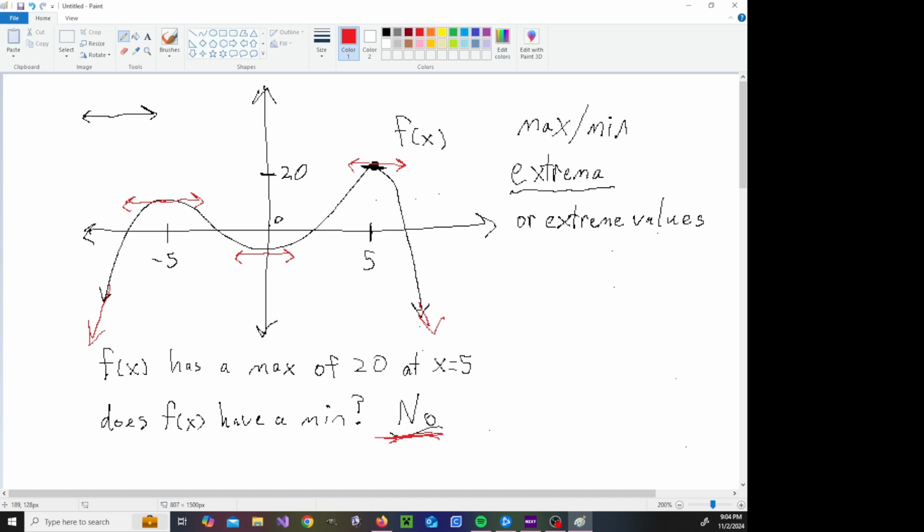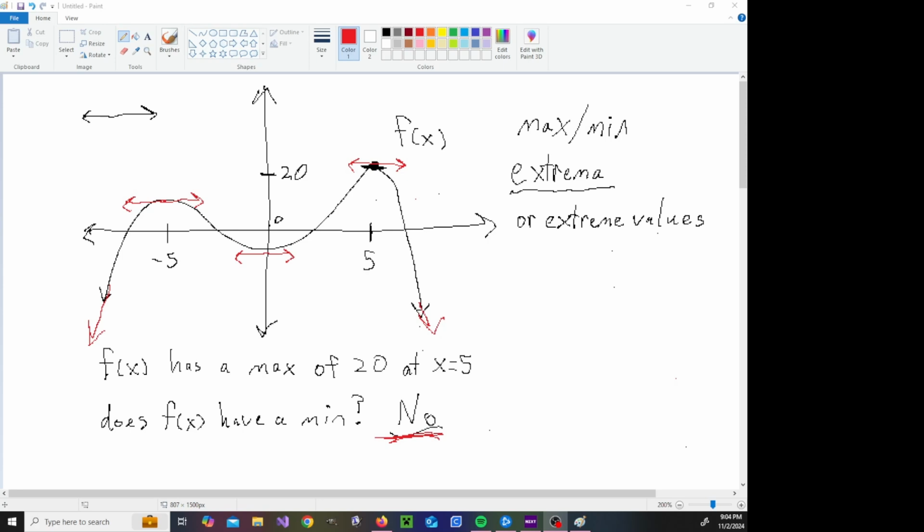Well, I noticed something. If my function has this maximum value, then that kind of demands that I have a flat horizontal tangent line, or at least that my derivative hits 0 here with a nice and smooth function like this.